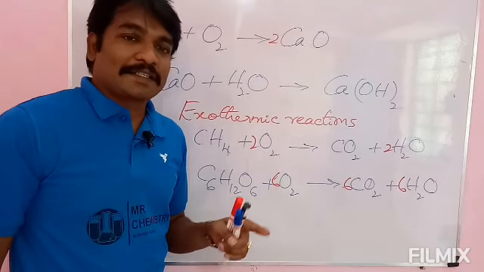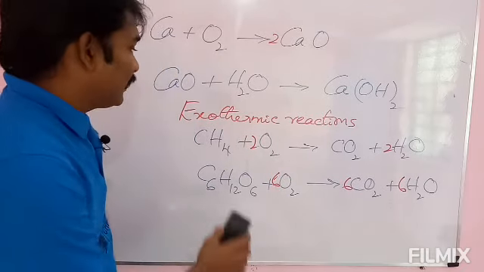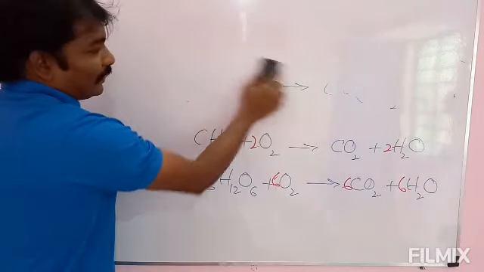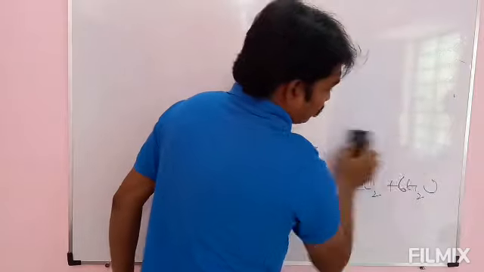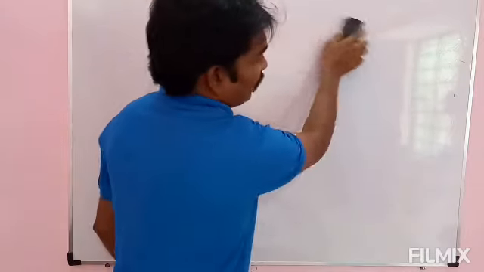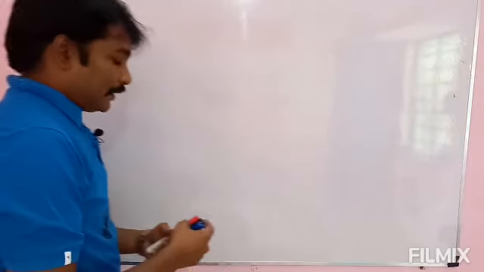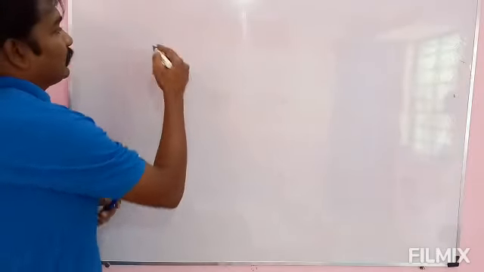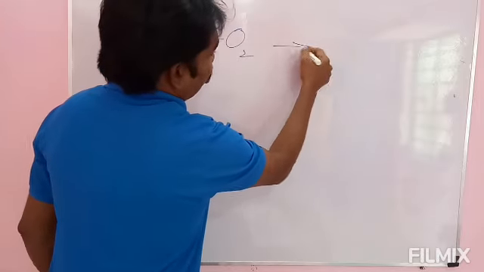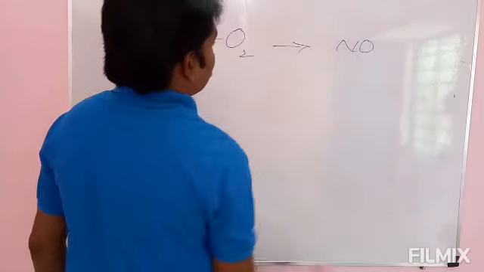Heat-absorbing reactions also exist, and they are called endothermic reactions. Let us see examples of endothermic reactions. Many are there, and here we will discuss one or two. Nitrogen reacts with oxygen and forms nitric oxide.